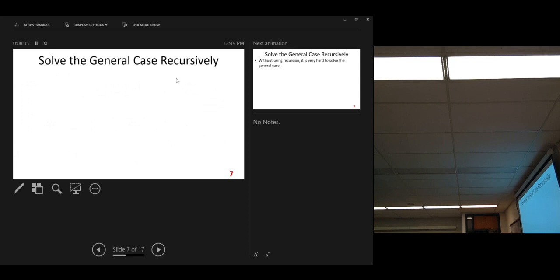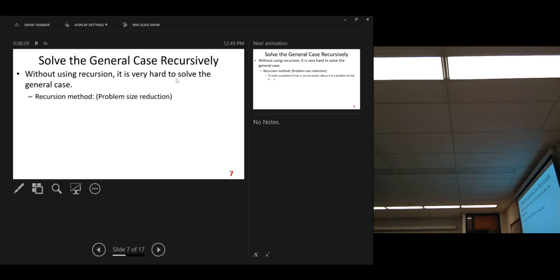Now the general case: we extend it to the general case, n. Without using recursion, you can think about how hard it is, especially for the general case. I cannot imagine anyone can do it without recursion. So we do problem size reduction.